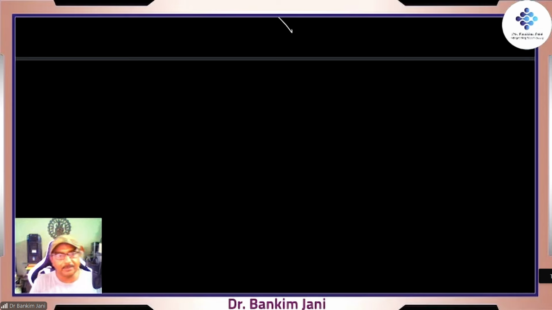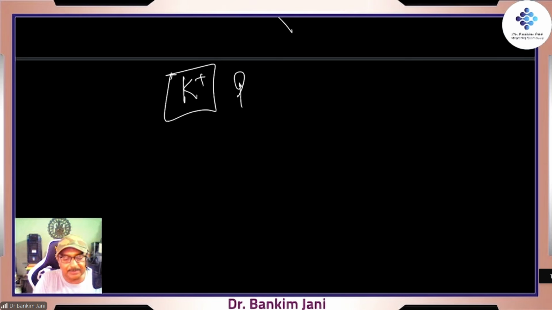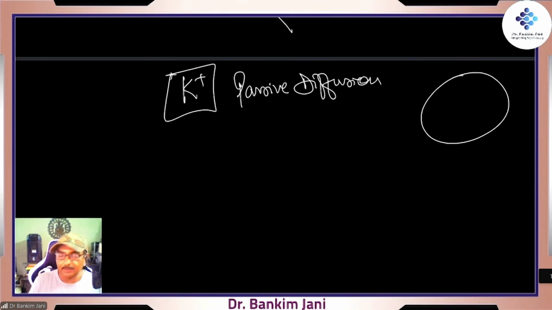So we said that potassium is constantly working, and this is a passive one. There is passive diffusion for the potassium channel. In the cell, we have more potassium inside and less outside.